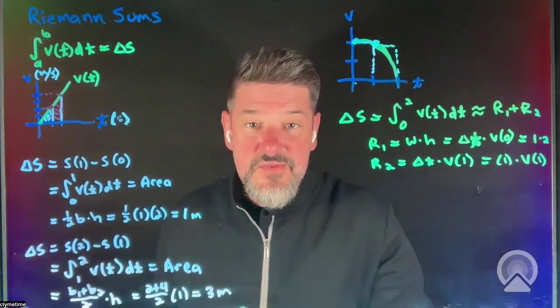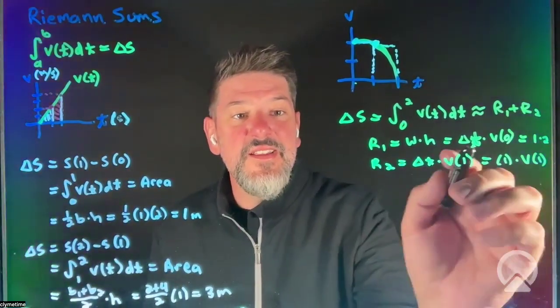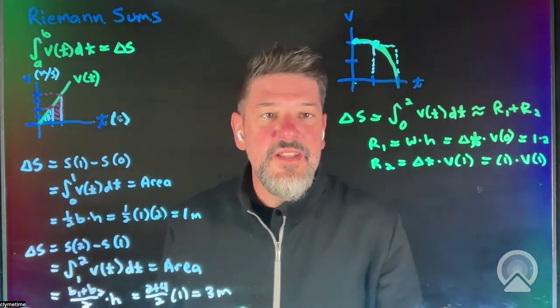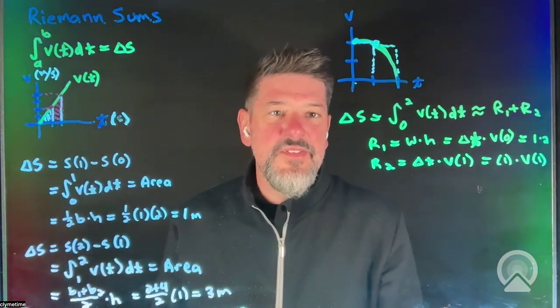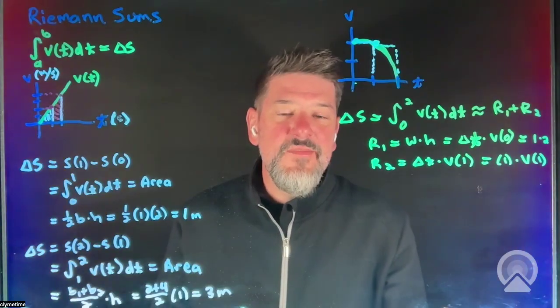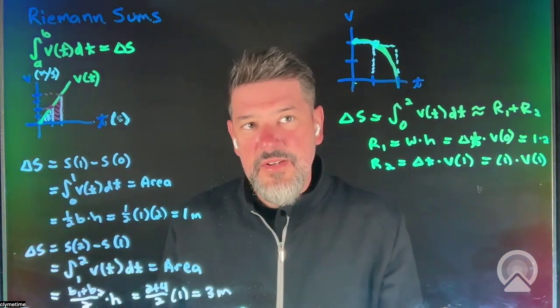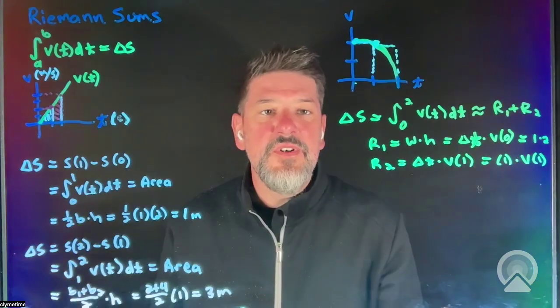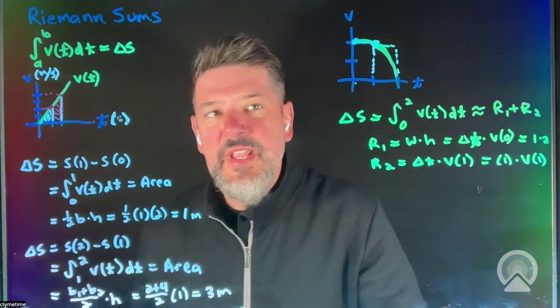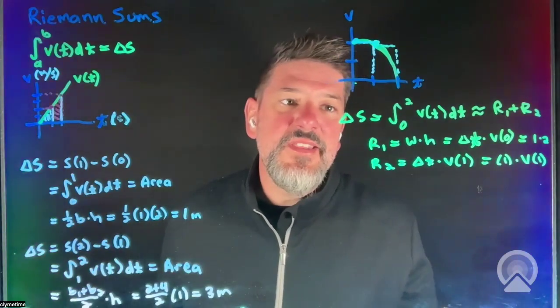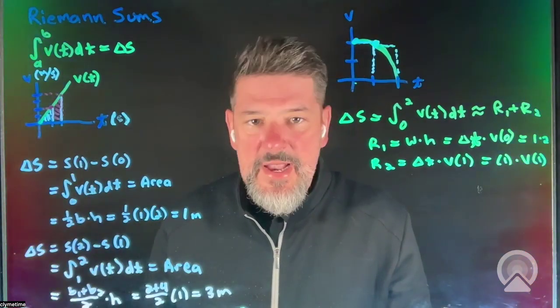But the point is, if I do know the velocity function, I can find that height, I can find the area of that rectangle, I can find the area of the first rectangle. So I can have the area of the first rectangle, and I have the area of the second rectangle. And that would give me an approximate area underneath the curve. It'd give me an approximate change in position.